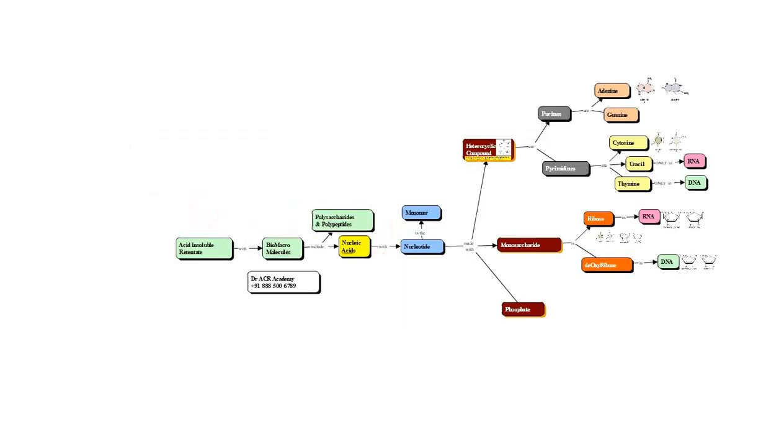These are the components present in the nucleotide. All these nucleotides join together and form the polynucleotide, that is the nucleic acid. If the nucleic acid contains ribose, it is called ribonucleic acid, that is RNA, and the nucleic acid that contains deoxyribose is called DNA.